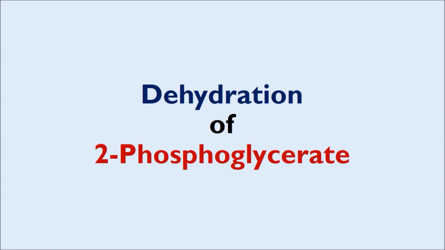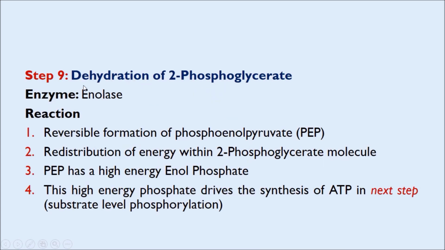The next step is dehydration of 2-phosphoglycerate. Dehydration of 2-phosphoglycerate is catalyzed by the enzyme enolase. The reaction is the reversible formation of phosphoenol pyruvate from 2-phosphoglycerate.